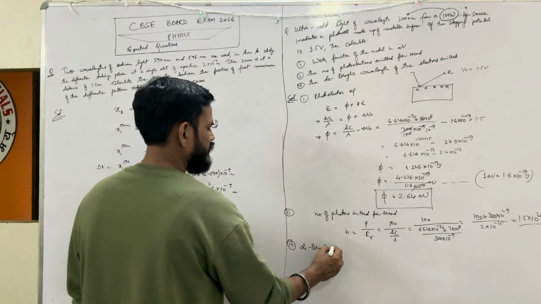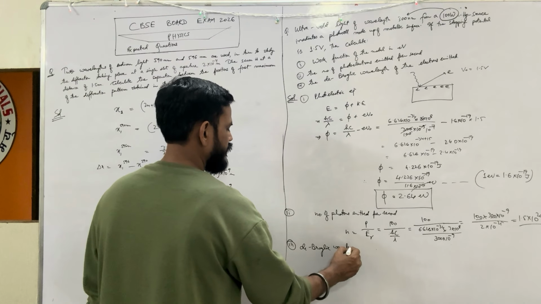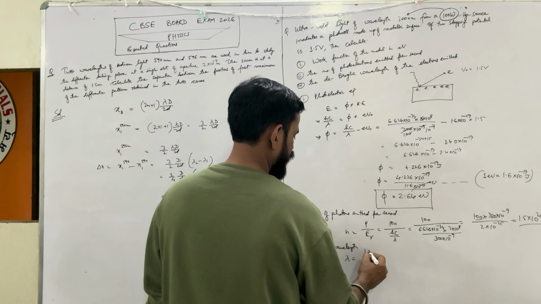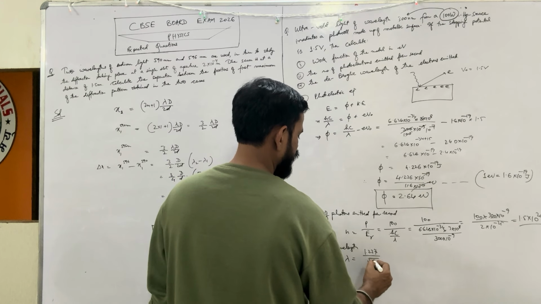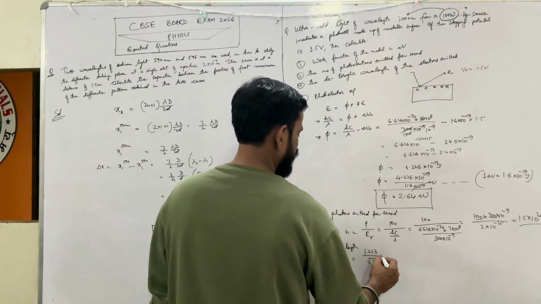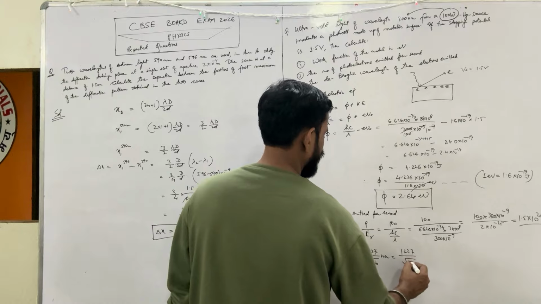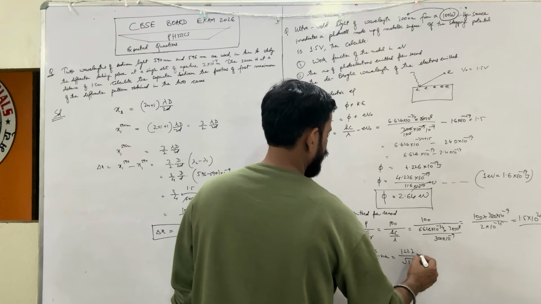De Broglie wavelength lambda will be 1.227 by square root of V naught in nanometer. So it is 1.227 divided by square root of 1.5 in nanometer.